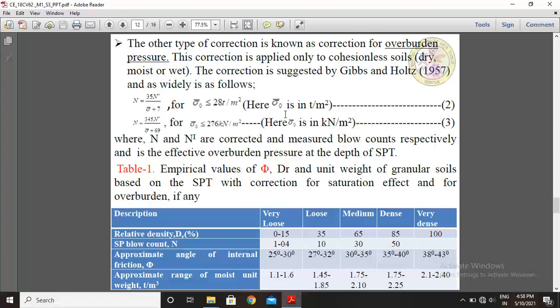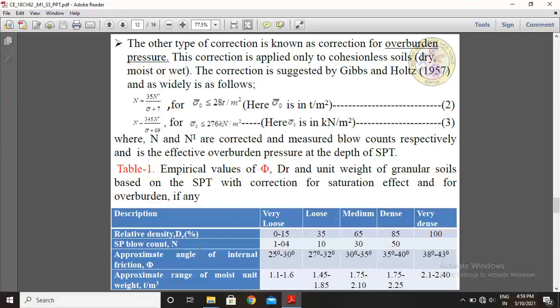Here sigma naught dash is in ton per meter square. And N equals 345 times N dash by sigma plus 69 for sigma naught less than or equal to 276 kilonewton per meter square. Here sigma naught is in kilonewton per meter square. Where N and N dash are the corrected and measured blow counts respectively, and sigma naught is the effective overburden pressure at the depth of SPT.